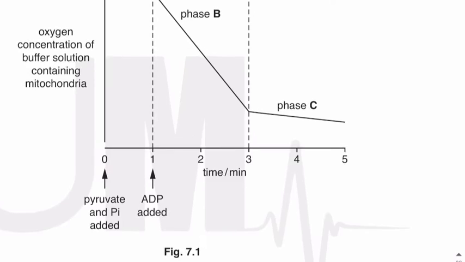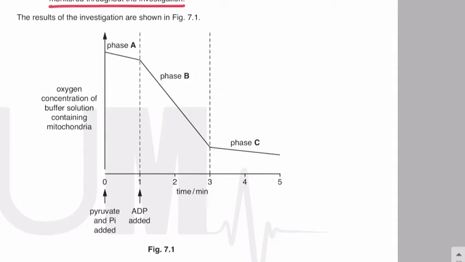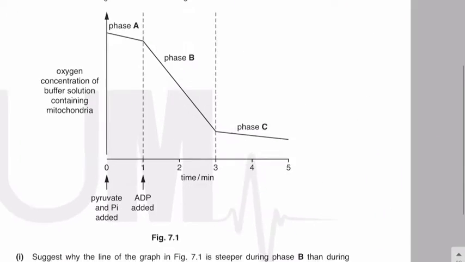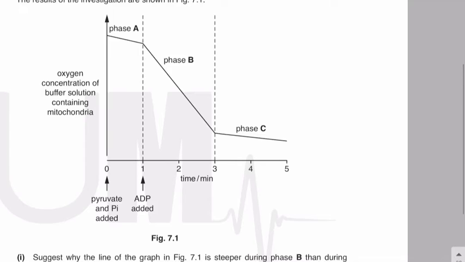So pyruvate is inserted into the buffer solution together with inorganic phosphate. So what will be happening? Pyruvate will enter the mitochondria and take part in the link reaction and the Krebs cycle. And we can see that ADP is added at 1 minute.